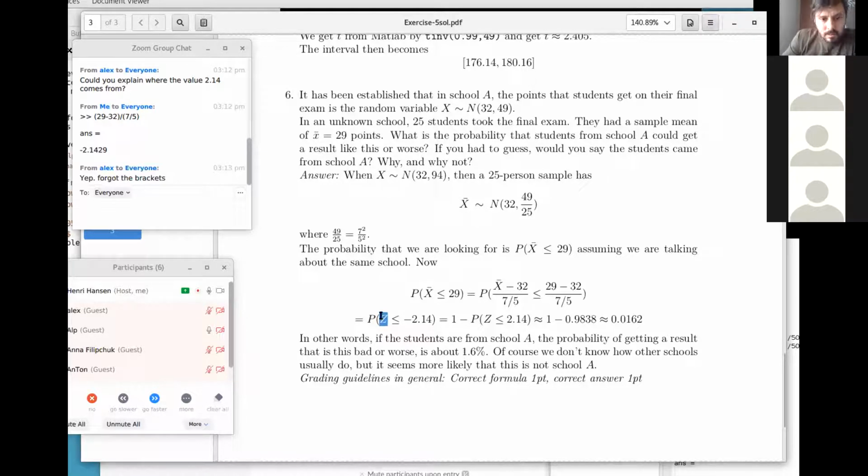And now because this is symmetric, this is Z smaller than this. So the probability of it being in here is the same as 1 minus the probability of it being here, because this is symmetric.